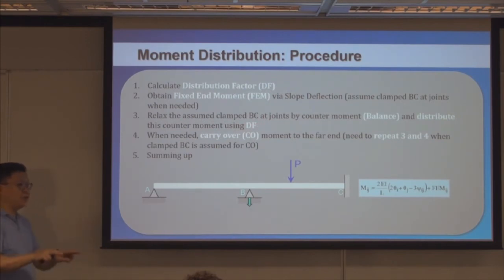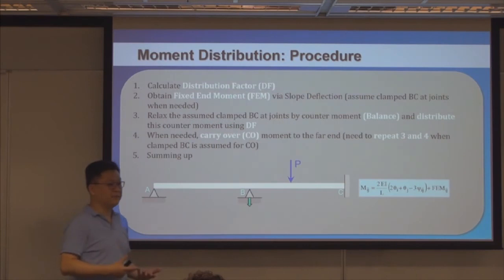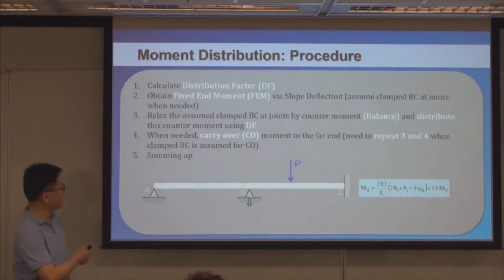Now, after you distribute into the component, you just carry over to the other side of the component. So carry over. And then you probably need to repeat 3 and 4 if necessary. And then at the end of the day, just sum up everything that you calculated above. The reason for summing up is because this is basically a superposition concept. So that's why everything needs to be summed up.